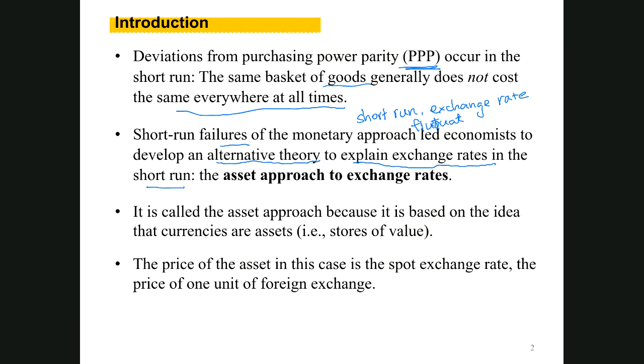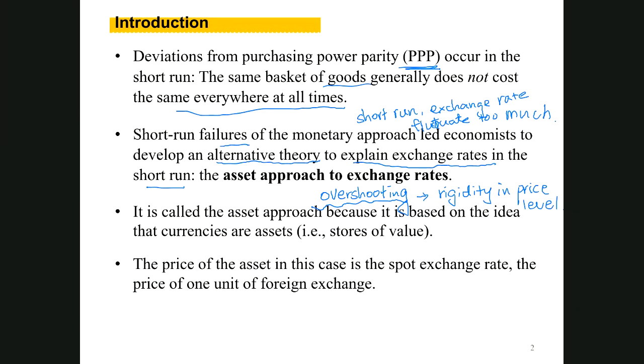That's the reason why we need to set up another model to take a look at what's happening in the short run. So here, one of the important theories is called overshooting. And overshooting is because of the rigidity in price level. We will talk about it today.